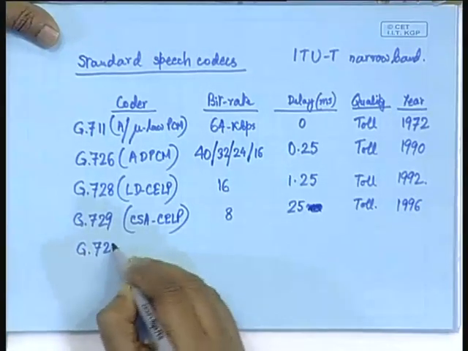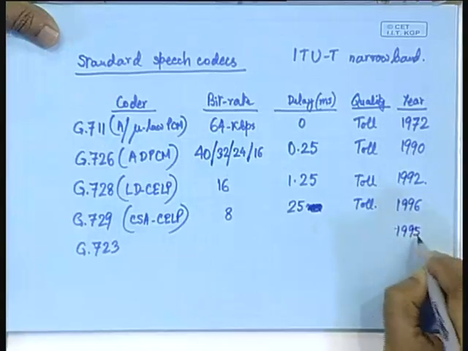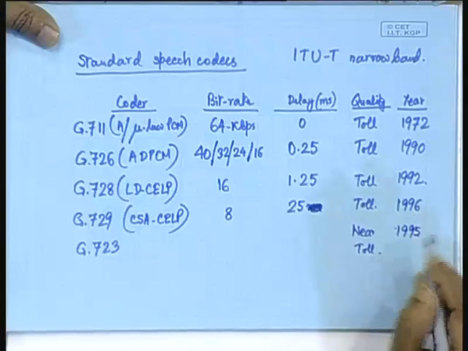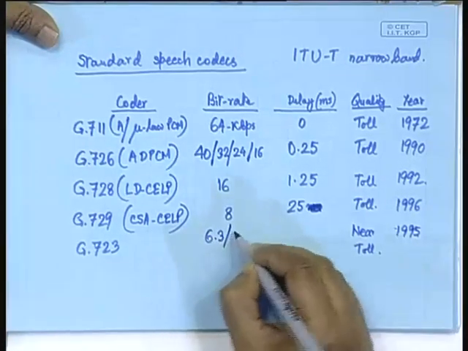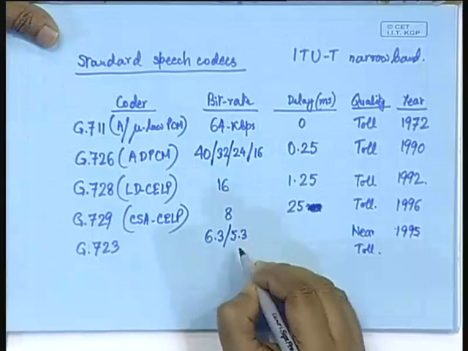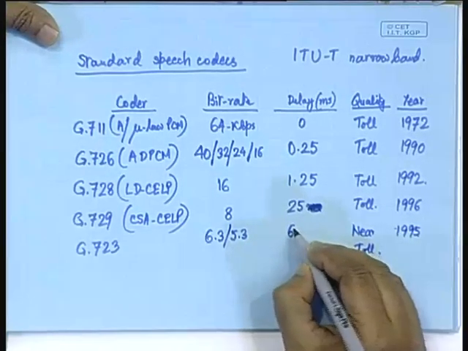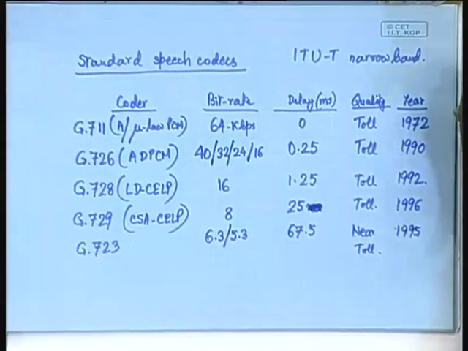And the standard G.723, which was actually proposed in 1995, gives rise to near toll quality, and on the bit rate side it comes to as low as 6.3 or even as low as 5.3, but the delay is tremendous, it is 67.5 milliseconds, a substantial delay.